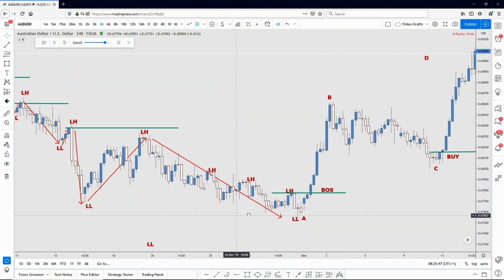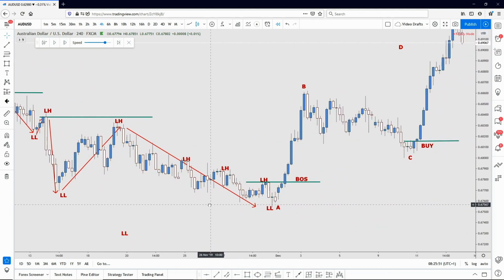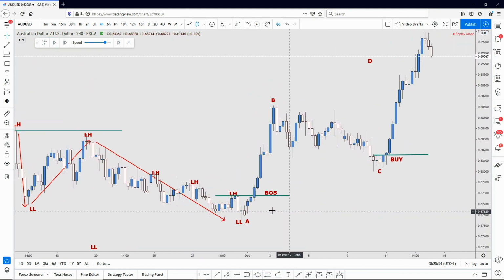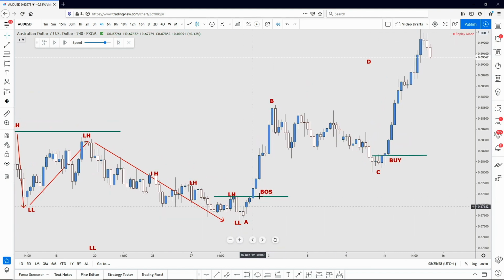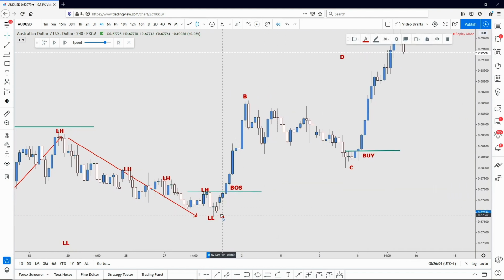And we continue mapping price as it moves using Fibonacci until we see another break of structure. See the lower high, lower low. It broke this level. We label it as break of structure. Now the new point A is here. Point A is where we start Fibonacci.